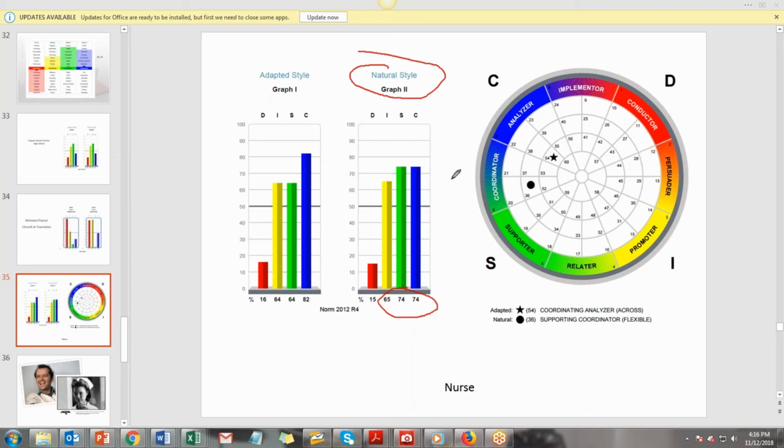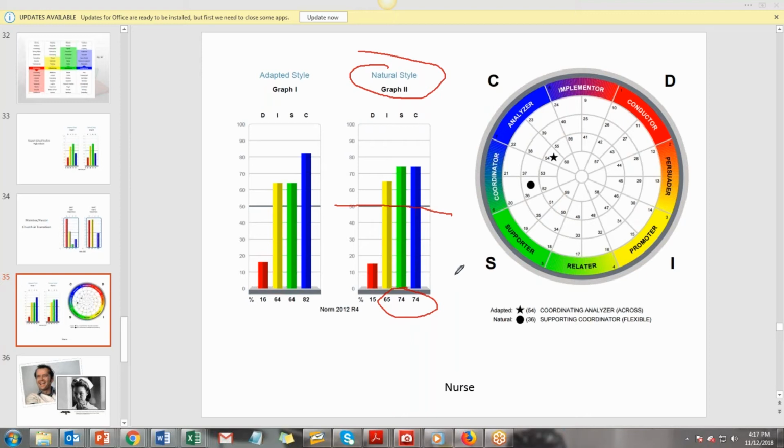It's just from the book, and it doesn't really change that much on how you read it if you put C first or S first. So they're a C over S, which I would assume for compliance for a nurse because there are so many rules and regulations.